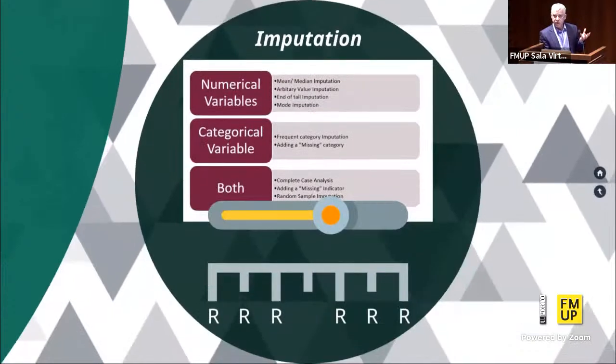Of course, there are various methods of imputation, and I'm sure there'll be lots of discussions about this. But having tried this a couple of times as a clinical researcher, imputation doesn't really work very well for clinical data. That's my sense of it.